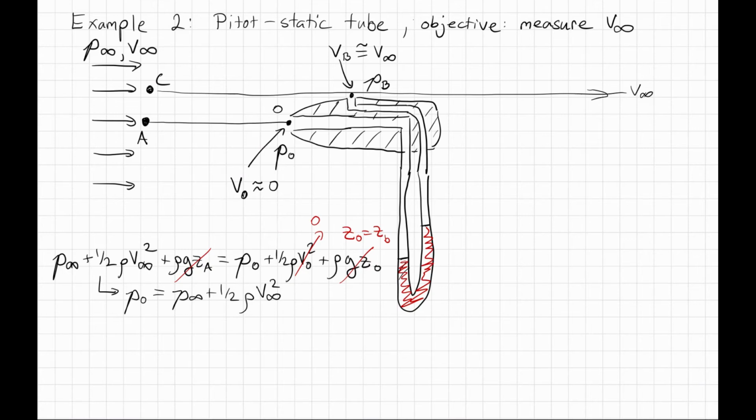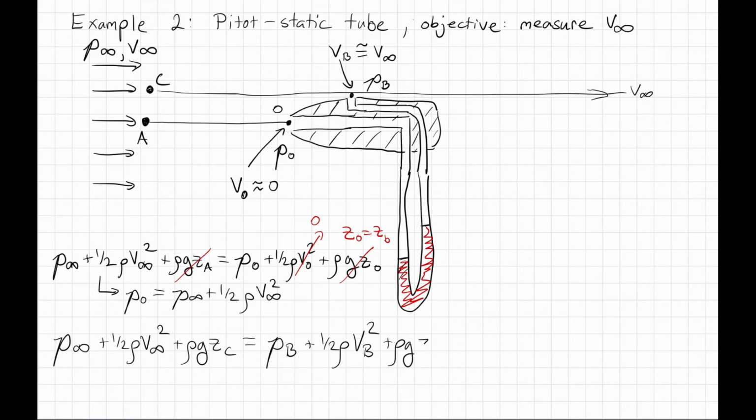So we can identify a different streamline starting from point C in this picture, where P infinity plus half rho V infinity squared plus rho g Z at point C is conserved along that streamline, and that equals the pressure at B plus half rho times the velocity at B squared plus rho g Z evaluated at B.